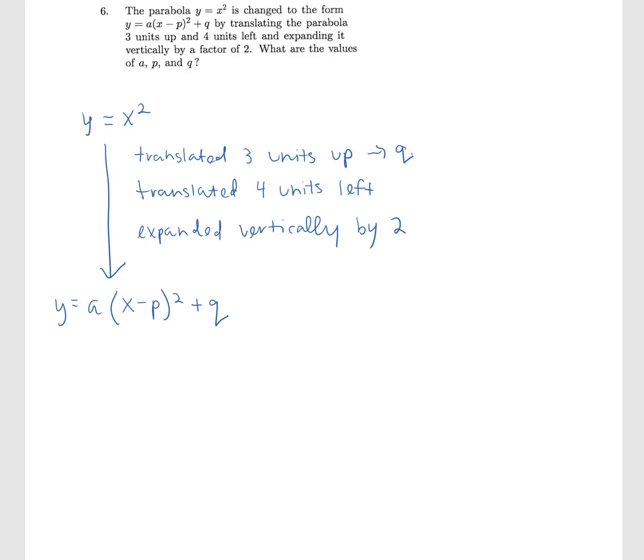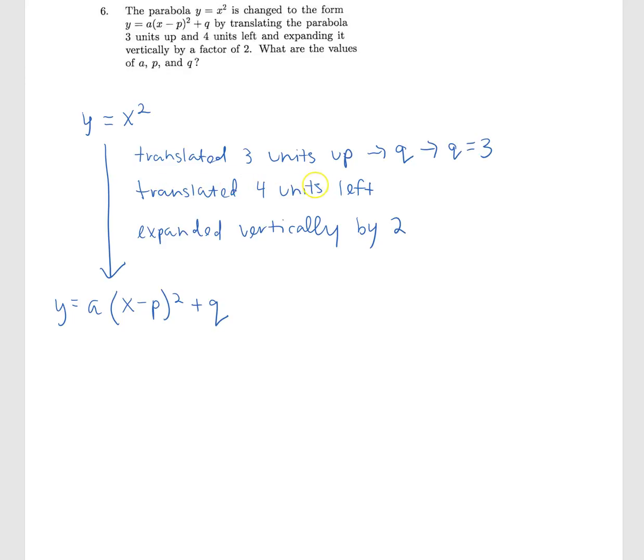Just in the same way as if you go above the x-axis, it's positive values, and below the x-axis, it's negative values. If we move it up, we are adding the number of units we're moving up. So this is going to be a positive 3 for q to get our translation up. So q is equal to 3.